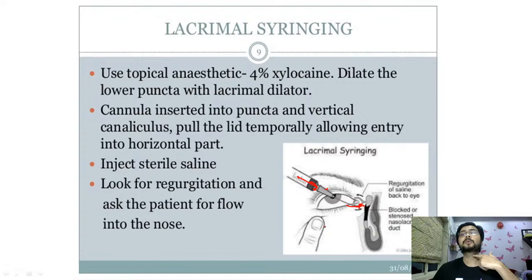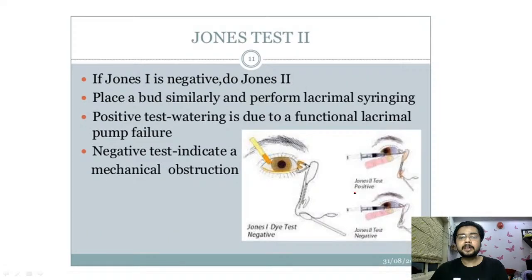Why? Because the nasolacrimal duct opens below the inferior turbinate in the inferior meatus. With the syringe, the water will go behind the throat, so he can feel it. And if it is blocked, there will be regurgitation of water either from the same puncta or from the other puncta. So why is this test important?